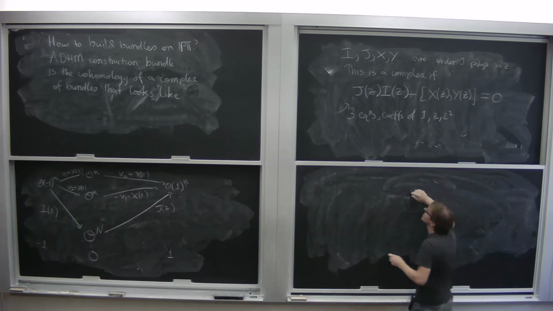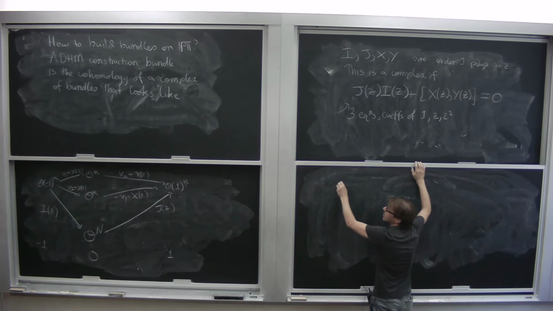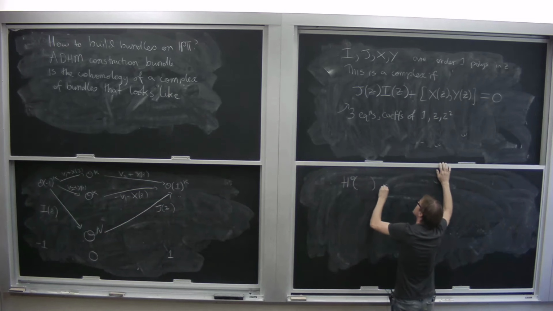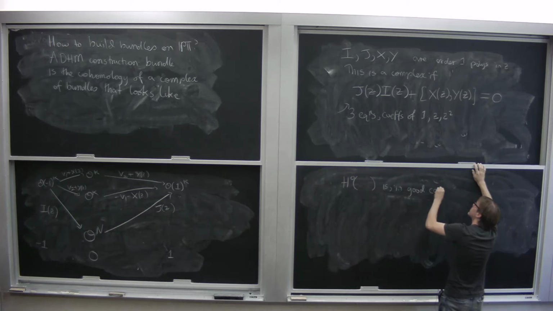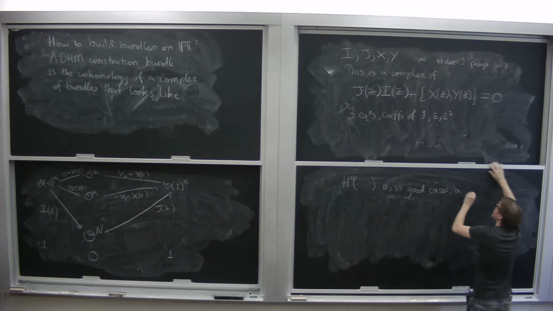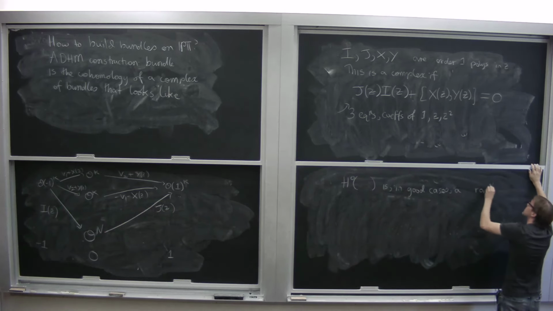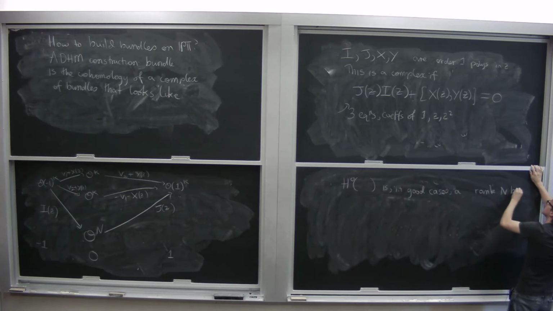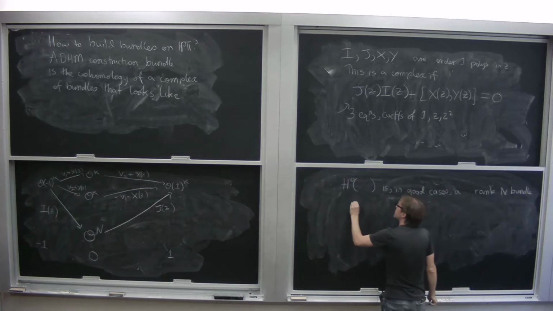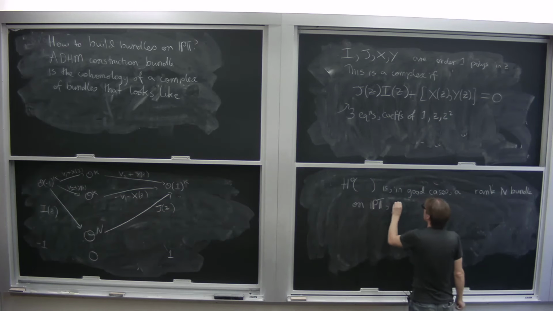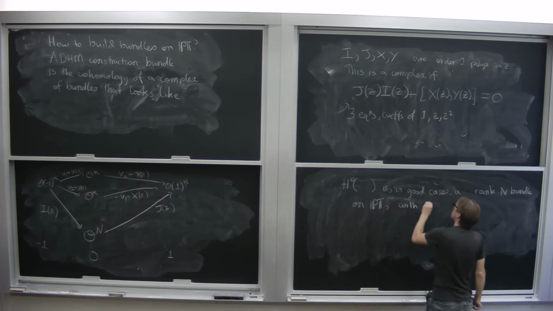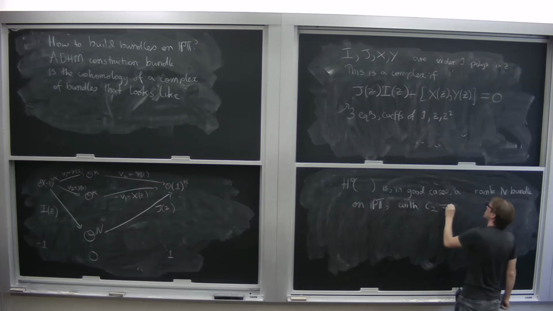Okay, so this construction, the H0 of this is, in good cases, like with generic matrices, a rank n bundle on twistor space with second Chern number equal to k.